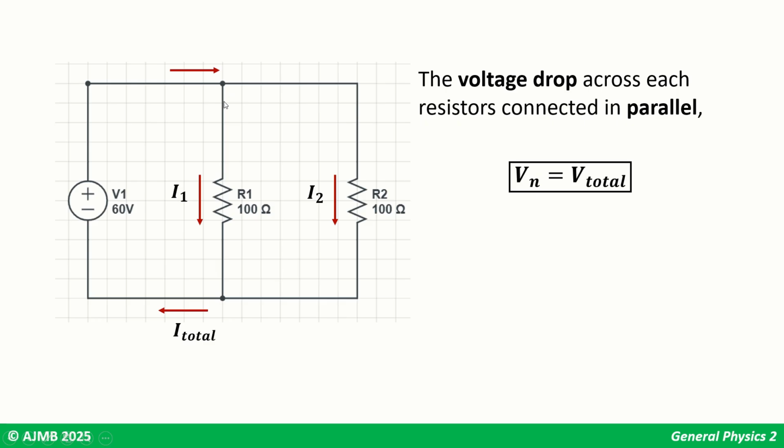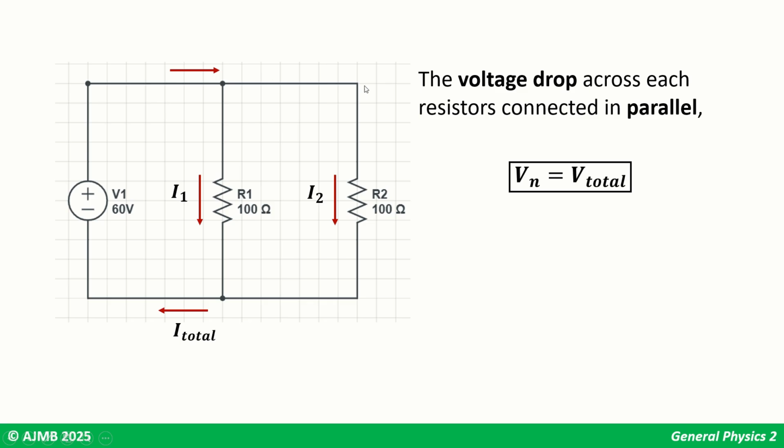Some of the charges will pass through R1 and the other through R2. If it chose to pass through R1 or this branch, it should lose all of the voltage gain, right? So that afterwards it has a voltage drop of a total of 60 volts. And then 0 here, and then 60 again when it passes through the battery.